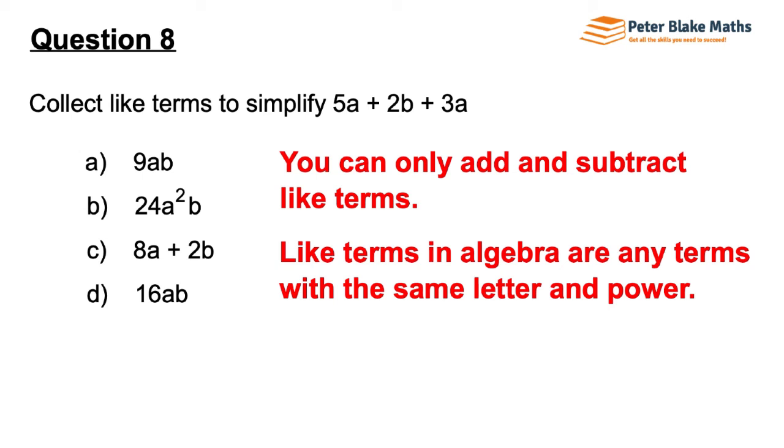I think you can see that the letters that are the same there are the a's. So 5a and 3a are terms with the same letter and power. So we can combine them. 5a plus 3a makes 8a. And we just have to list the 2b separately because it's not a like term with the other two. So our final answer is 8a plus 2b.